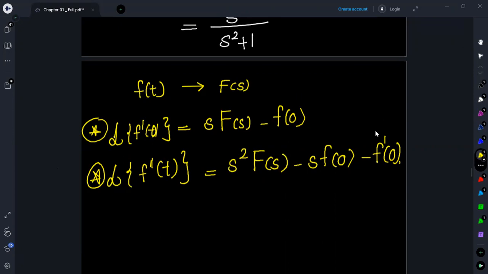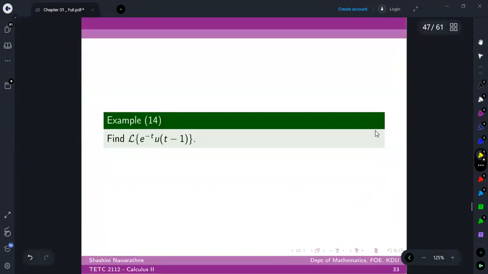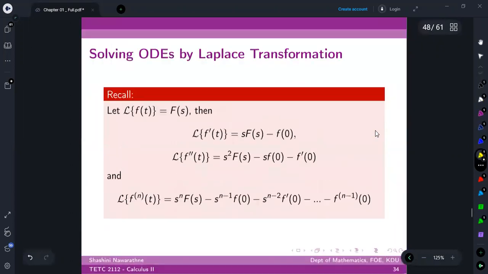So now we are going to move to the most important topic of this chapter, that means the method of solving differential equations using Laplace transform. Here you need to use the two expressions that we have learned earlier: the Laplace transform of the first derivative and the Laplace transform of the second derivative.